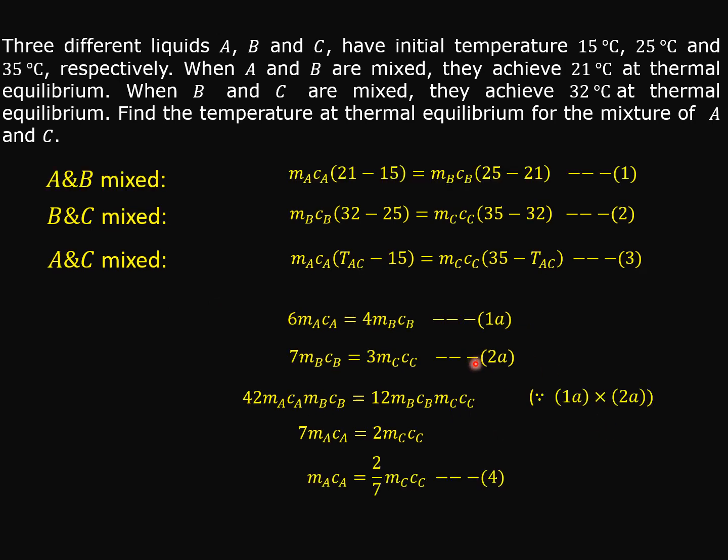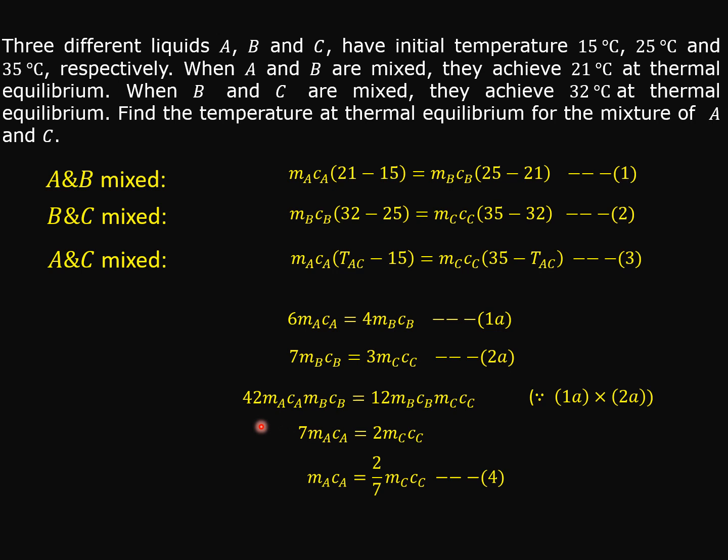To find the relationship between the MACA and the MCCC from equations 1A and 2A, we now multiply 1A and 2A. Left hand side multiplied with left hand side, right hand side multiplied with right hand side. Then we have 6 times 7 is 42, MACA and MBCB, and 4 times 3 is 12, MBCB and MCCC.